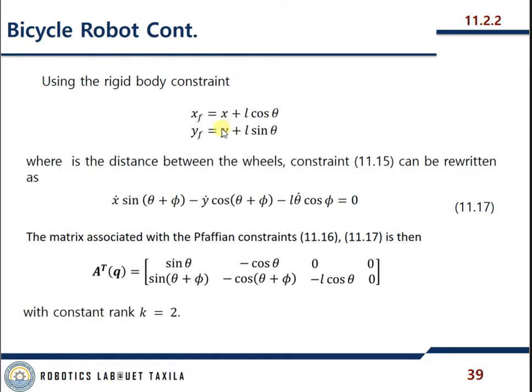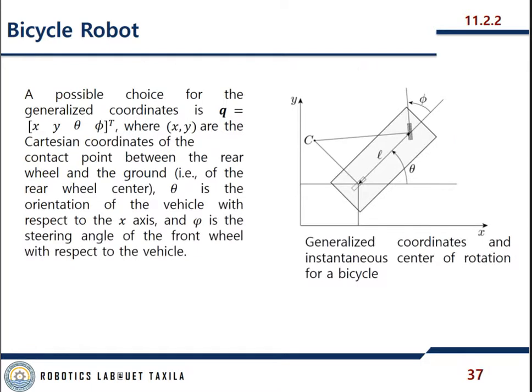Using the rigid body constraints, x_f is equal to x plus L cos theta and y_f is equal to y plus L sin theta. It's because this is x plus L cos theta and y plus L sin theta.